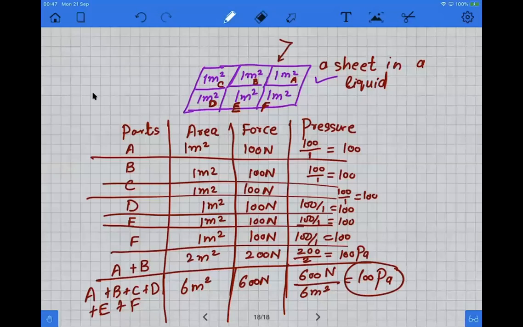So the pressure is only depending on the depth and not on the area of the surface that you're taking. So the basic concept that I want to teach here is that the pressure in a liquid depends on the depth of the liquid and not on the area of the surface on which the pressure is exerted.